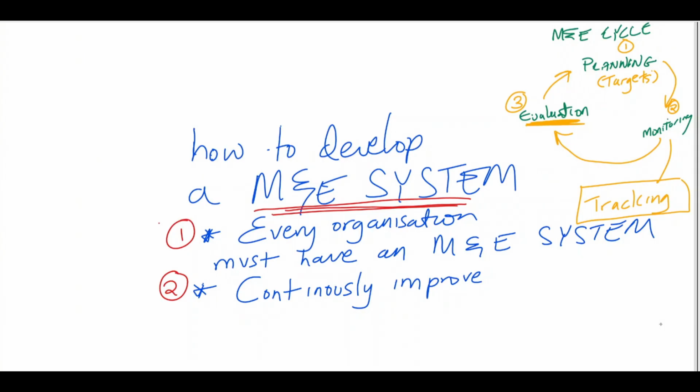So the evaluation is, at the end of the 2 years, you ask yourself whether you've achieved your target or not. Now, the issue is that you can't assess yourself, because you'll be biased. So you need somebody else to tell you where you went wrong.